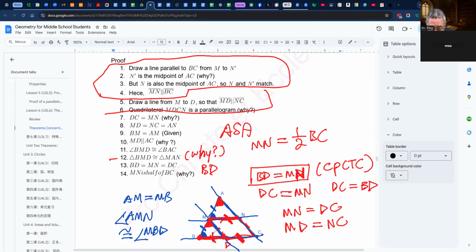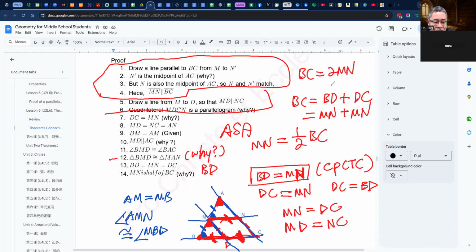That means this side is congruent to that side. So therefore, MN is half of BC, because BC is BD plus DC, and both are MN. So BC is twice MN. If we divide by 2 on both sides, then MN is half of BC. Good?